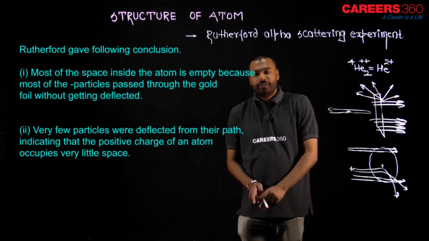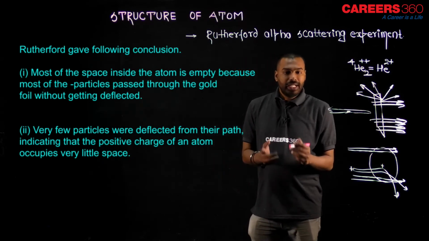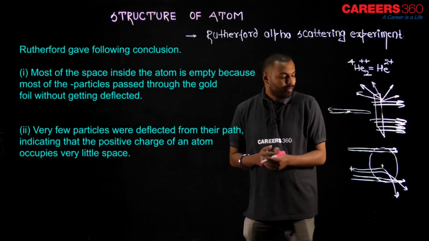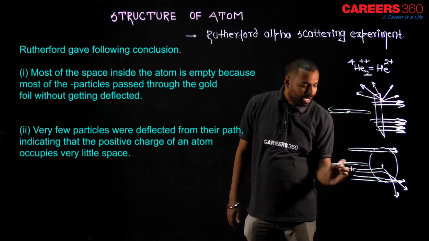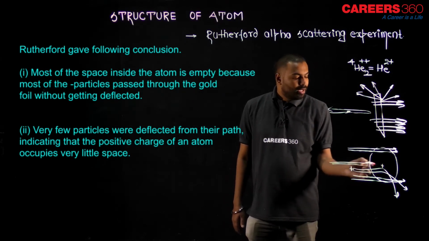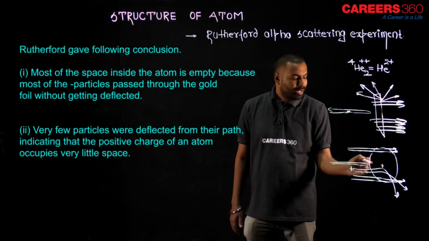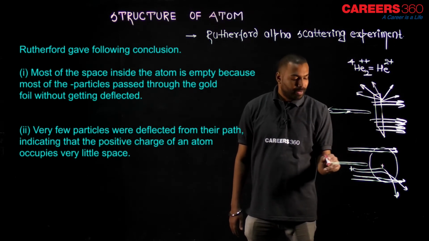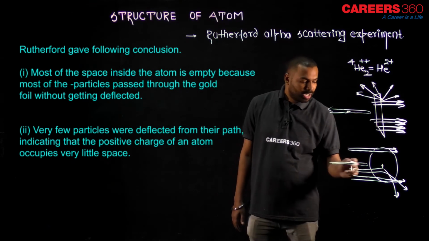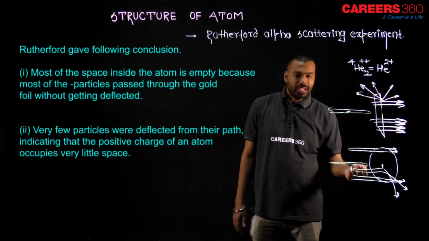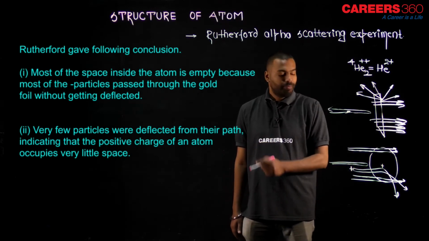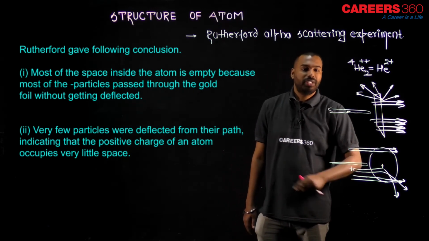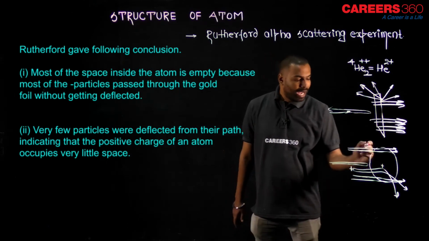Okay, and one ray in 18,000 is not able to touch the metal and returns back, because the center is positive and the maximum repulsion is experienced by this ray. That is why it is not able to touch the atom. The remaining rays cross, no problem, but one ray is not able to touch, because a heavy, dense, positively charged particle is at the nucleus.